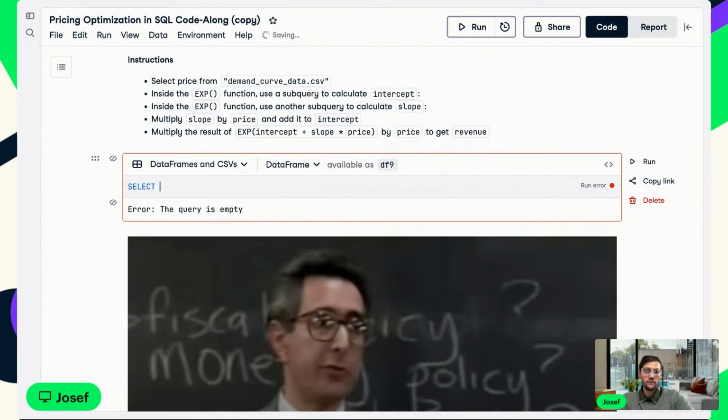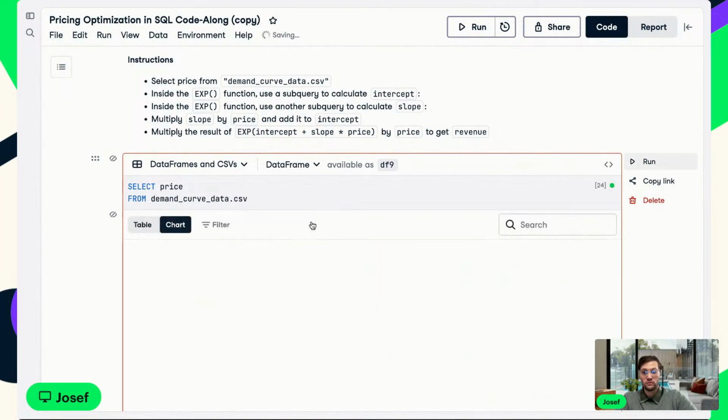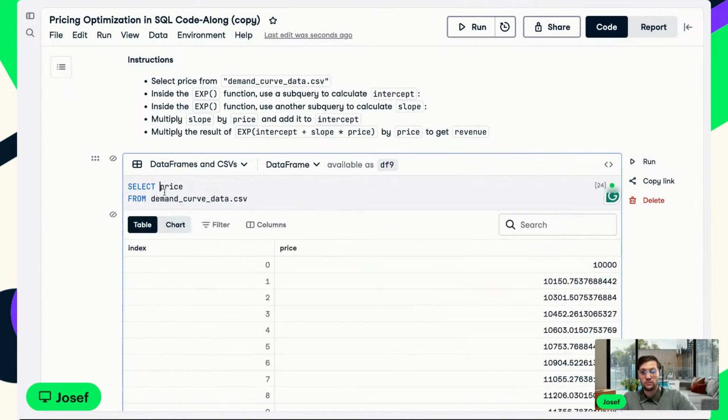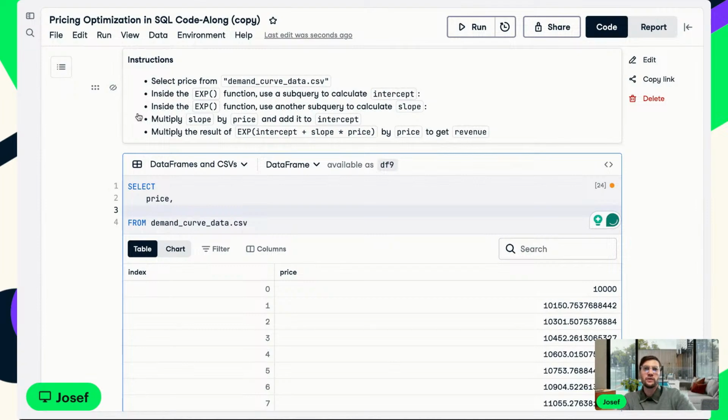The first thing is we're going to select price, our X variable, from demand curve data. And the thing that we want on the y-axis is e raised to our expression.